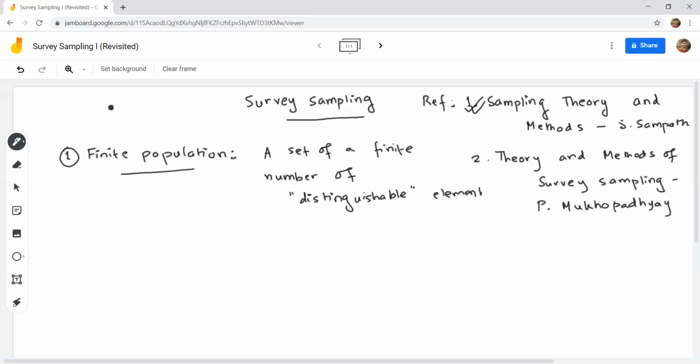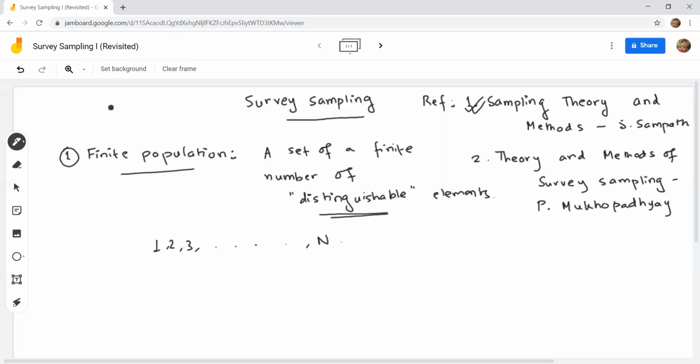So what do we mean by distinguishable elements? Basically, by distinguishable, we mean that we can number them as 1, 2, 3, and so on. Say you have n persons, you don't know their identity at first, but if you number them as 1, 2, 3, and so on up to capital N, you can then signify that number to that person.